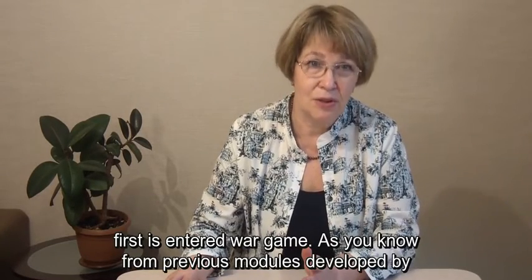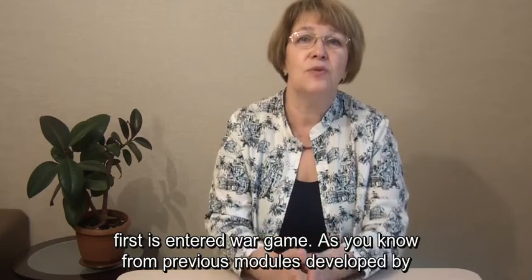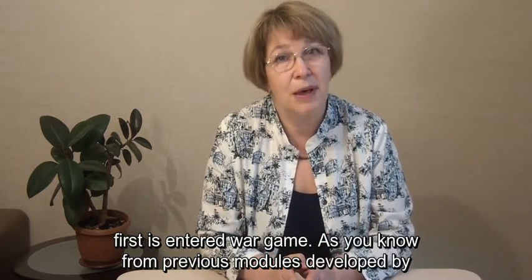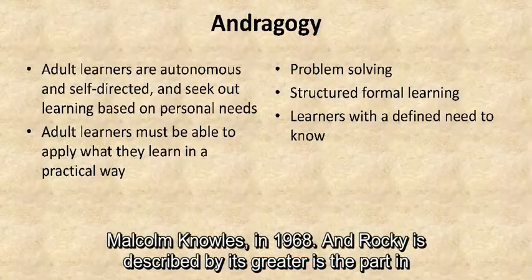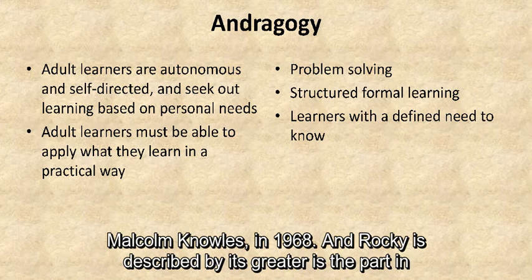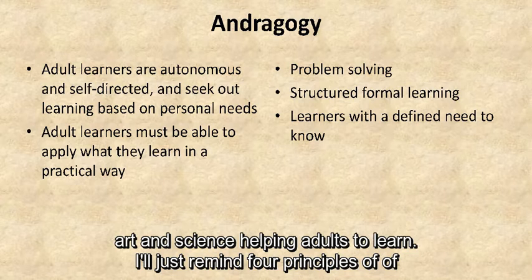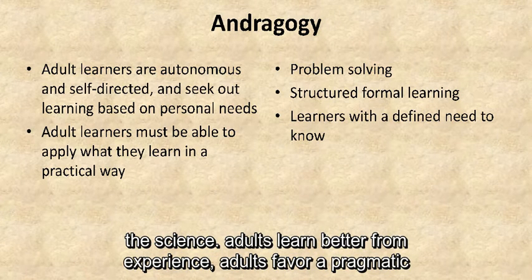So first is andragogy. As you know from previous modules, developed by Malcolm Knowles in 1968, andragogy is described by its creator as an art and science of helping adults to learn. I'll just remind the 4 principles of the science. Adults learn better from experience.